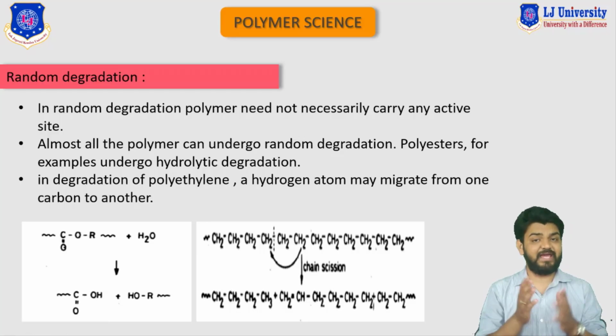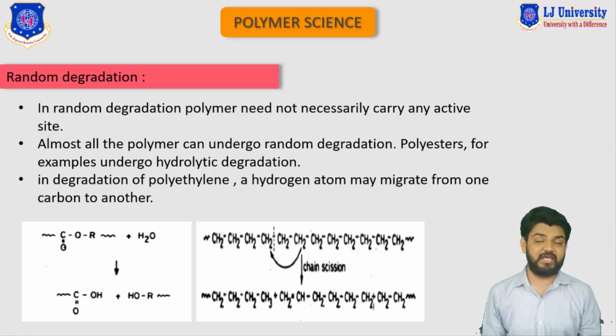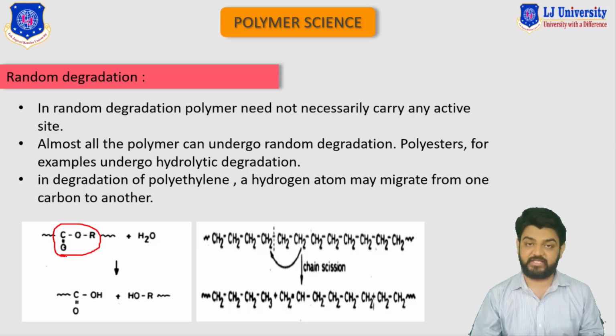The specific example we are going to focus on here is the polyester. In this image you can see our polyester, which has the functional group COOR.